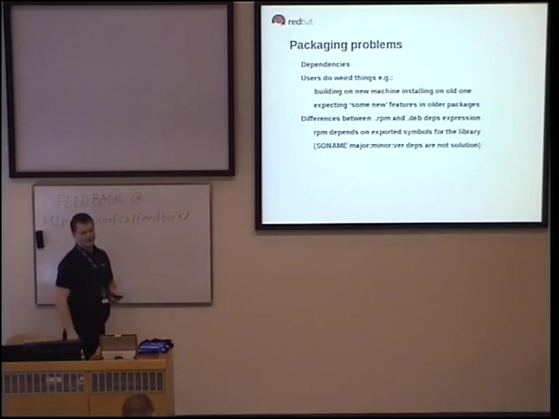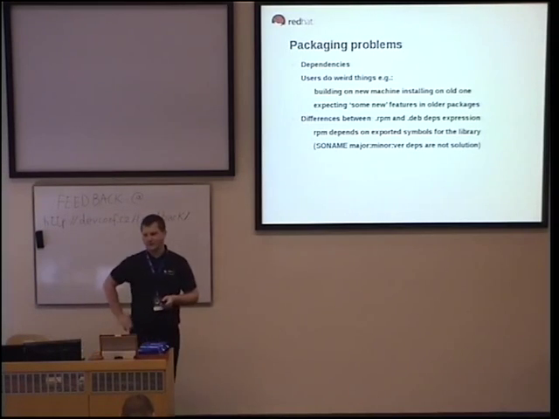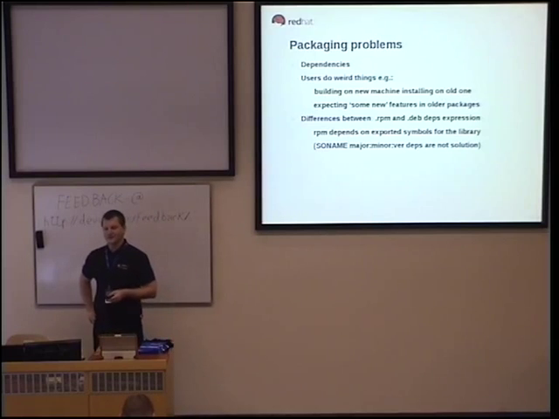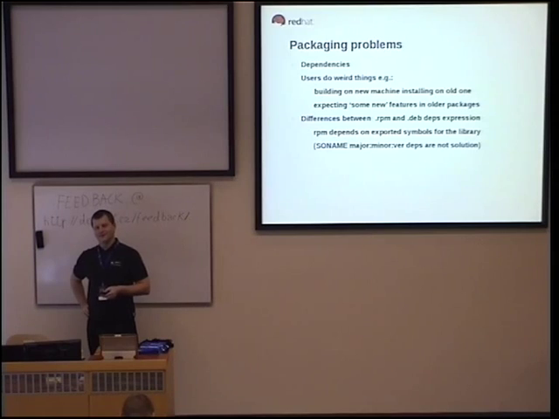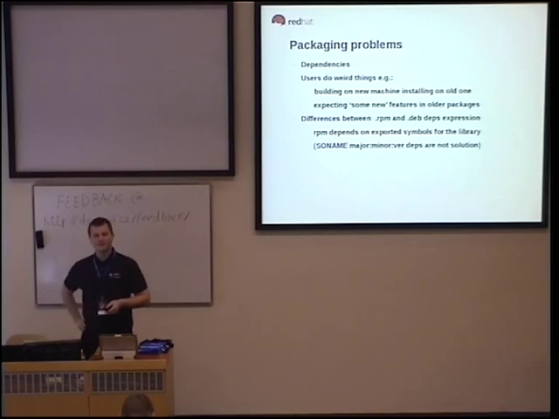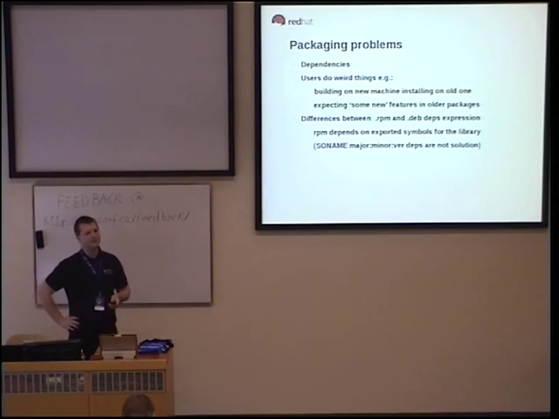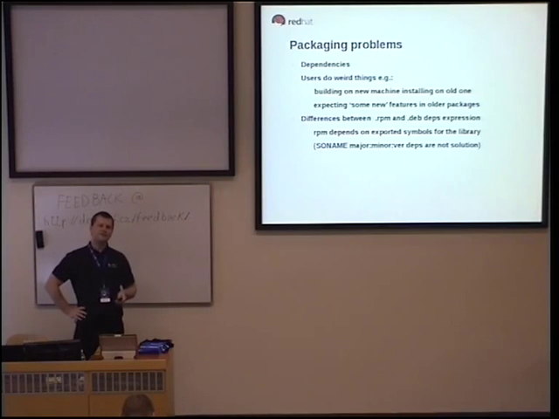So now, what are the other problems we were not realizing? We realized that after we spent a while figuring out what a bug report meant, because we were receiving bug reports that users were getting strange core dumps, and they were installing the libraries, and it was not working.